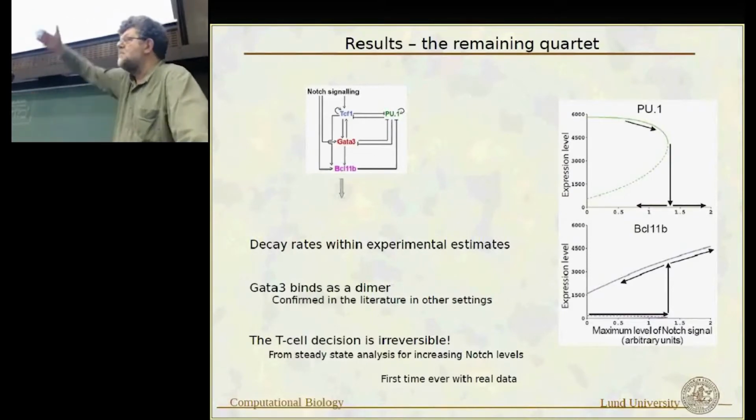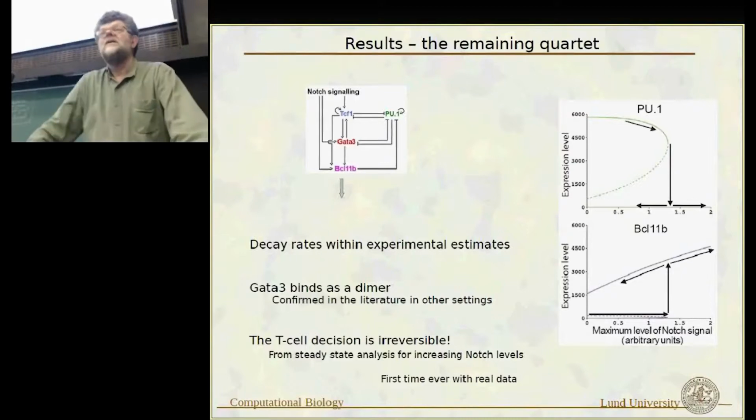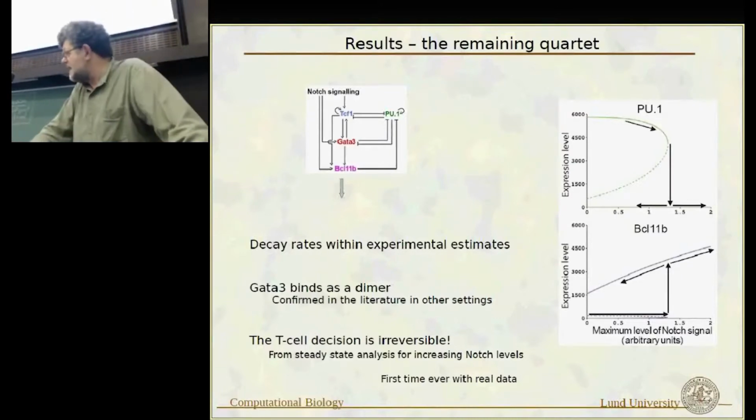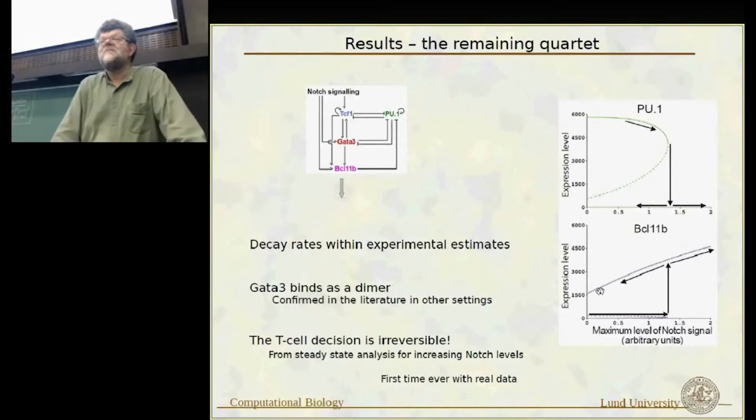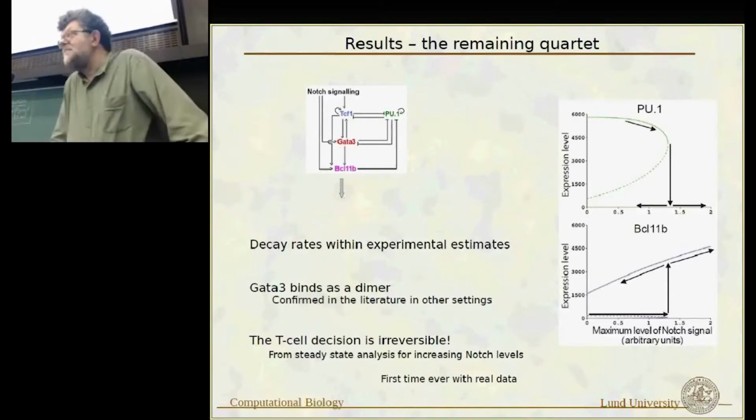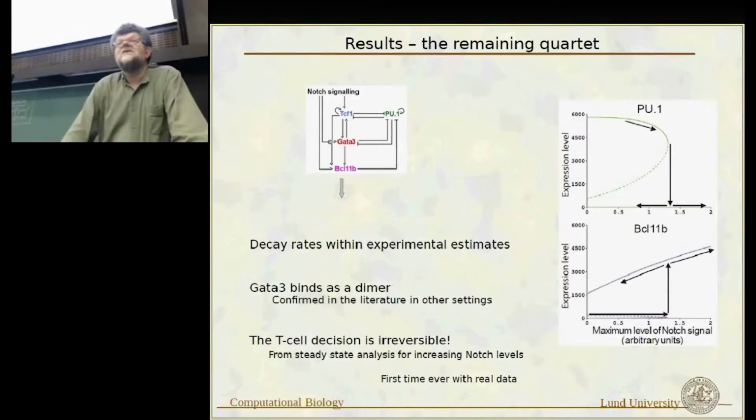And if that is sharp enough, that amplifier, you call it a bistable switch. Even more interesting is if I have an amplifier, like I seem to have here, and go up with varying the external signal, and then when I go down again, I don't retrace my steps. I go down here. So the switch remains on. That means it's an irreversible decision.